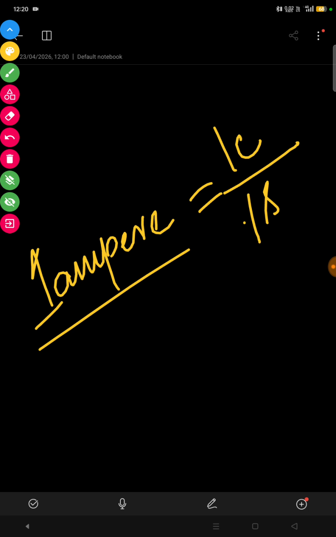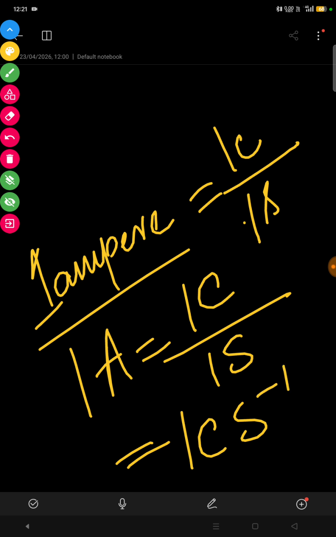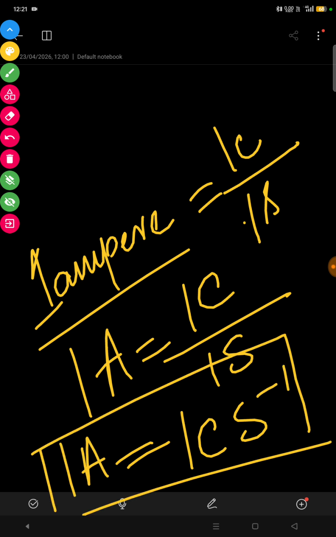So 1 ampere is equal to 1 coulomb by 1 second, or we can write 1 coulomb per second, coulomb second inverse. This is the definition of 1 ampere.